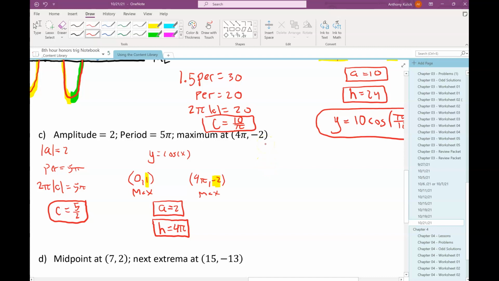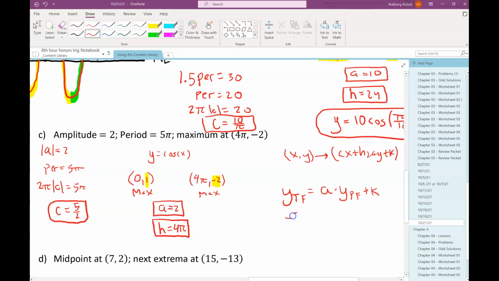So think back to when we graph these things, we do this transformation, right? To get the y coordinate for the transformed function, we take A and multiply it by the y coordinate from the parent function and then add K to it, right?